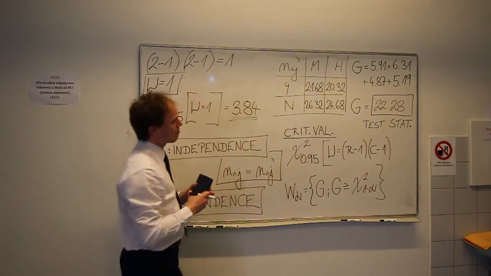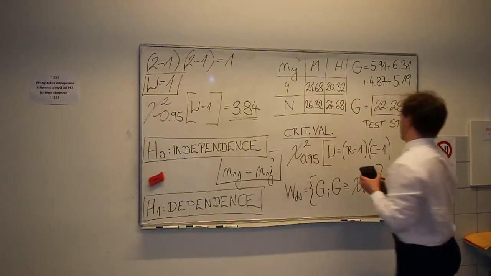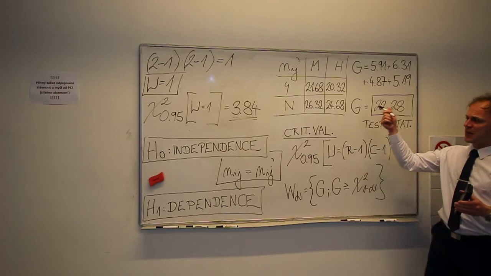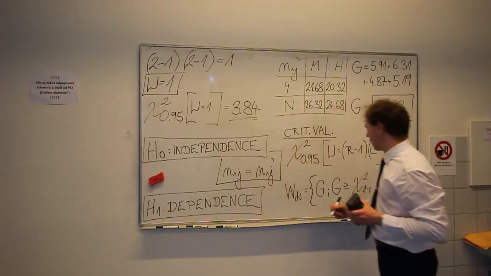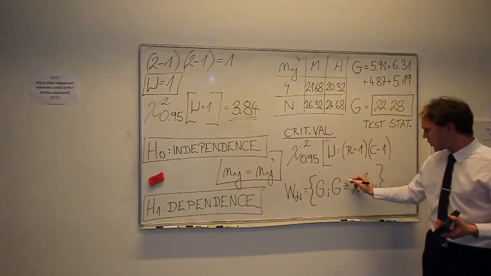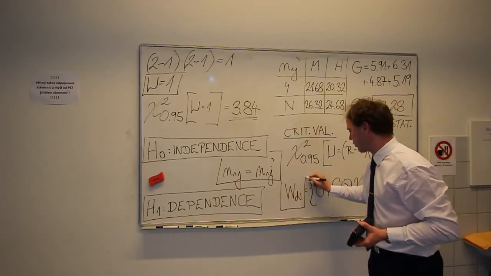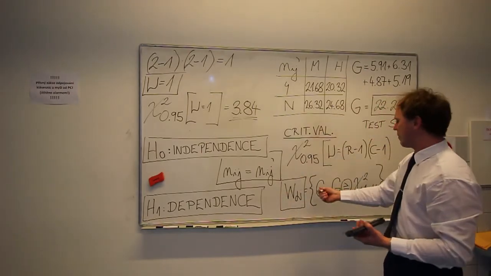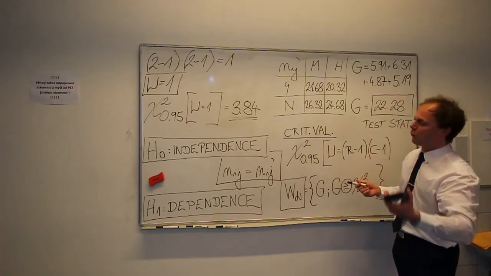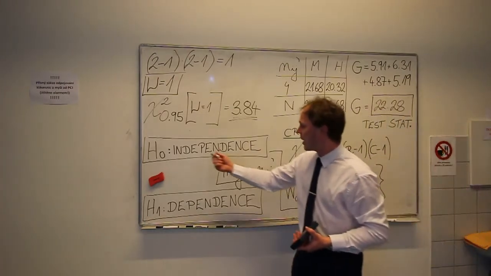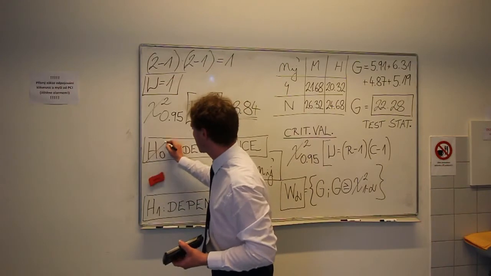3.84. Okay. The value of G22 is higher than this critical quantile, so this inequality is true. Therefore, you entered the rejection region, and because the statistic is an element of the rejection region, the zero hypothesis is rejected at the 5% significance level.